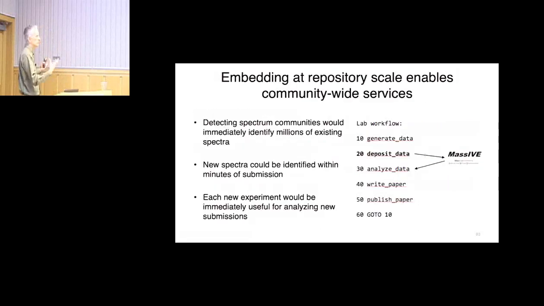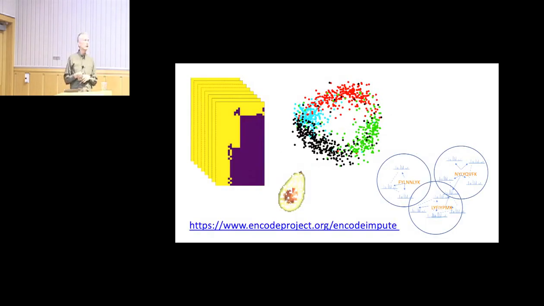And then the longer term idea would be that we could hopefully make this work in conjunction with some of these existing repositories to better enable community-wide services for understanding and interpreting mass spec data as it's generated, so that you could quickly and efficiently upload your data into a repository and get back some feedback about what your experiment resembles, what other experiments resemble it, what peptides you were not able to identify that could be identified, and so on. So that's the whole story, and I think I'm just about out of time, but I'm very grateful that you're here to hear my story, and I'm happy to answer questions.